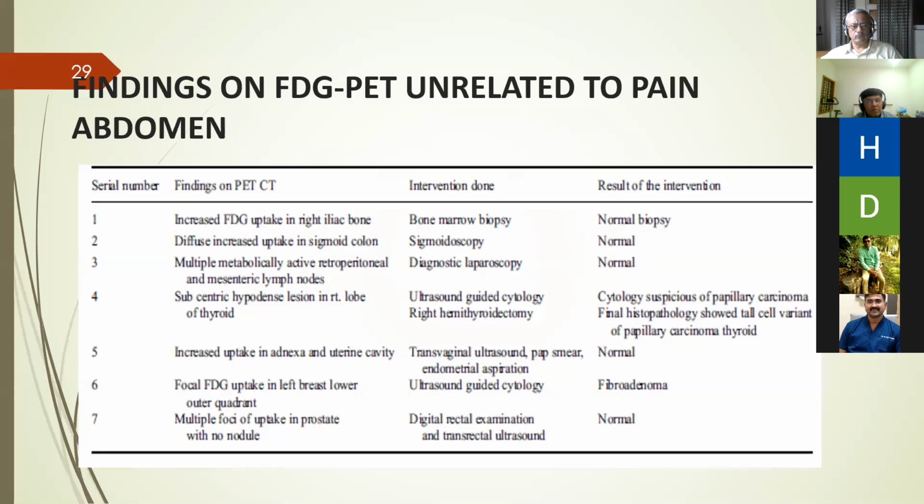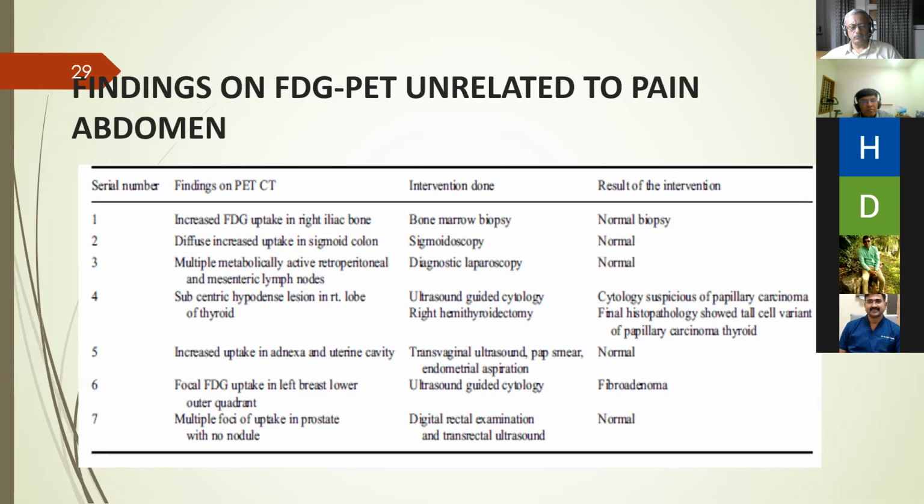These are the FDG findings unrelated to the abdominal pain. In 6 patients with increased FDG uptake in the right iliac fossa, a bone marrow biopsy was done, but the biopsy was normal. Similarly, diffuse increased uptake in the sigmoid colon, sigmoidoscopy showed normal. Multiple metabolically active retroperitoneal and mesenteric lymph nodes, diagnostic laparoscopy was done, but it was normal.